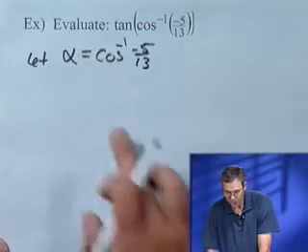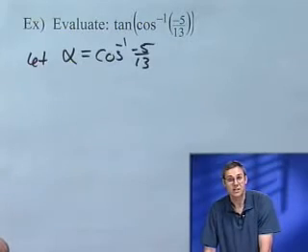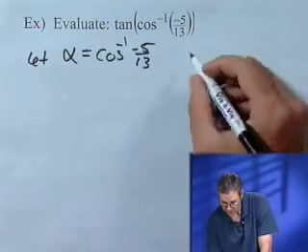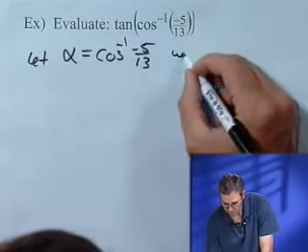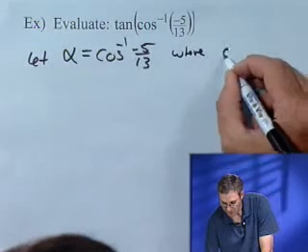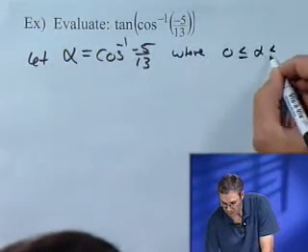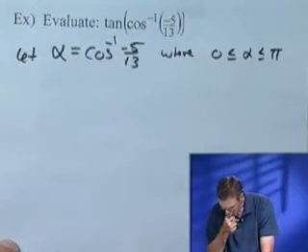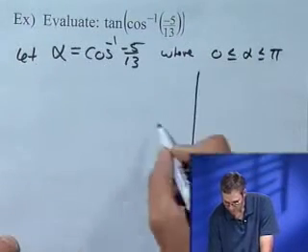Okay? Well, that angle must be in between 0 and pi because that's the range of the arc cosine. So alpha is between 0 and pi.